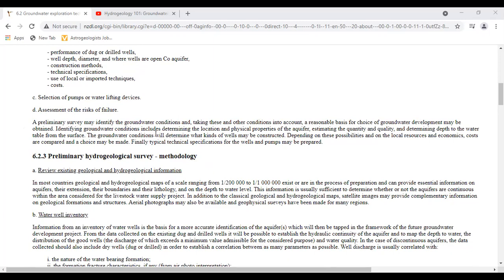Identifying groundwater conditions includes determining the location and the physical properties of the aquifer, estimating the quantity and the quality, and determining depth to water table from the surface. The groundwater conditions will determine what kind of well may be constructed. Depending on these possibilities and on the local resources and economics, costs are compared and a choice may be made. Finally, typical technical specifications for the well and pumps may be prepared.